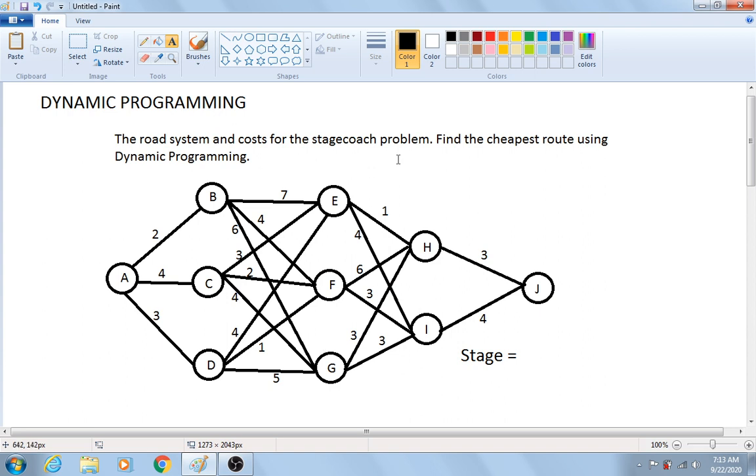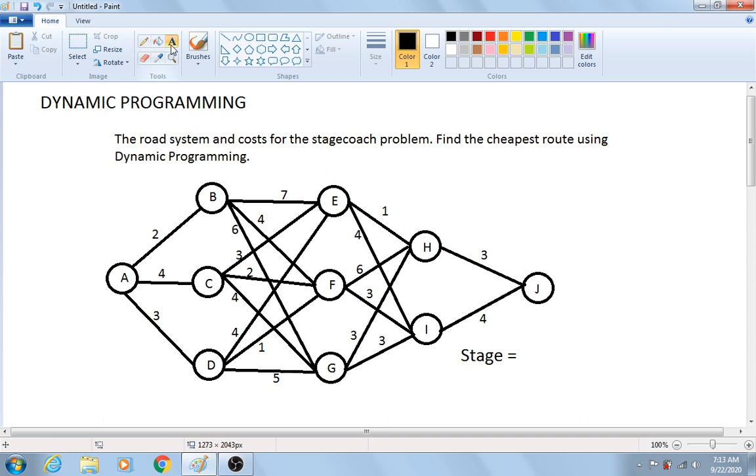Our stage number 3 will be here. If we are at E, F, or G, then we need to decide whether we will go to H or to I. Now our last stage, stage number 4: if we are at H or I, then we need to go to J. So this is our first stage, second stage, third stage, and stage number 4.